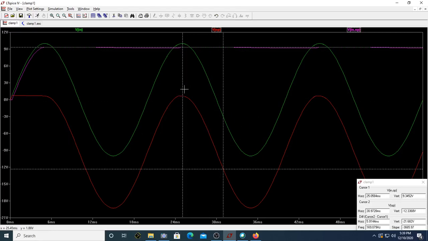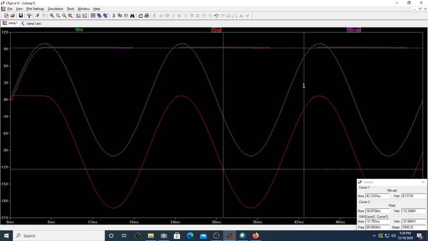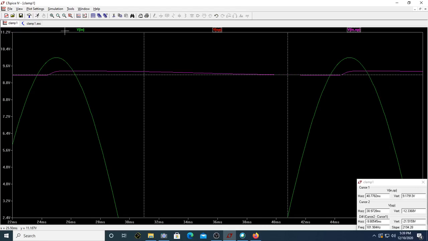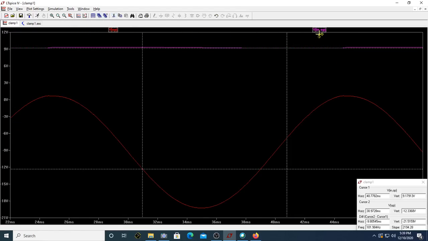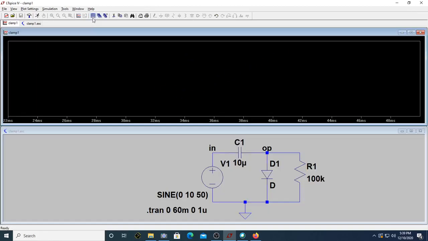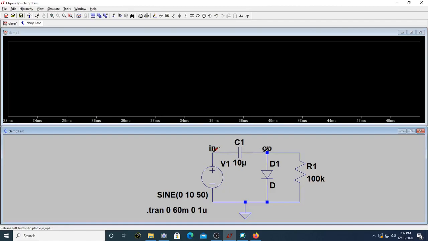It's almost, sorry, not this one, it is this, because the capacitor is discharging slightly. You can see it slightly goes down. You can clearly observe that decaying. First, let me take out these two. Oh, sorry. Let me add this and this.